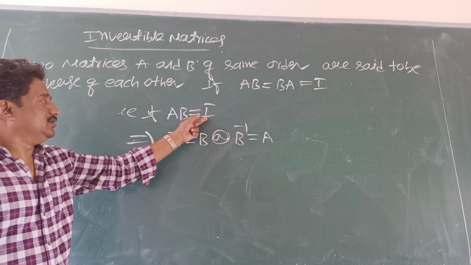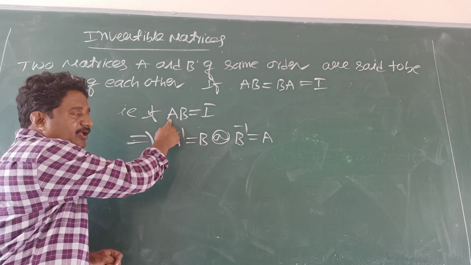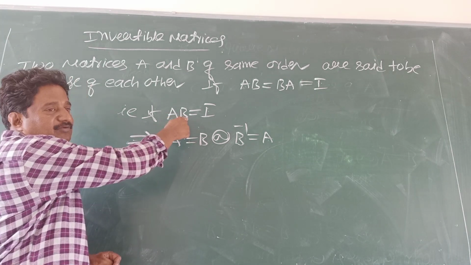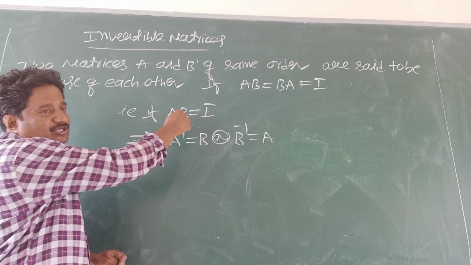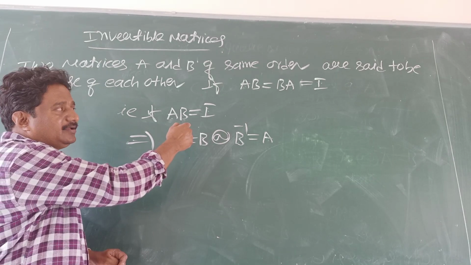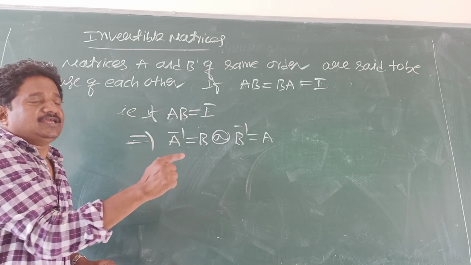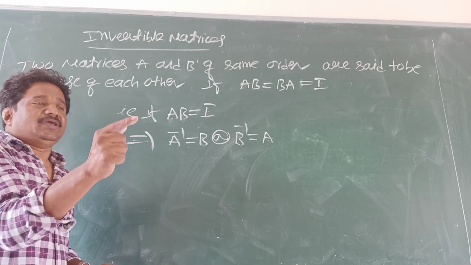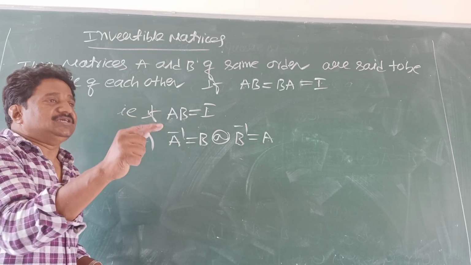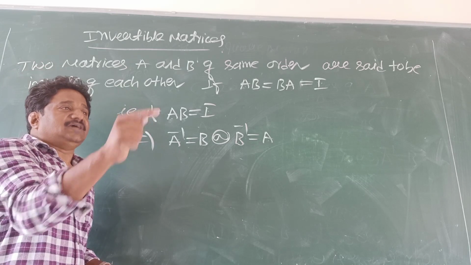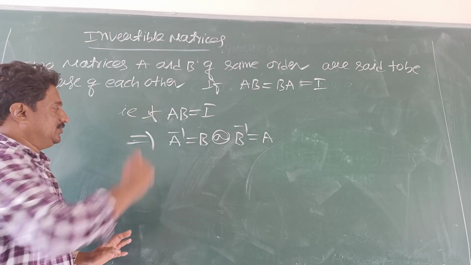If AB is equal to I, then B becomes inverse of A and A also becomes inverse of B. If I say A inverse is B, you can say B inverse is A. Both are the same, right?